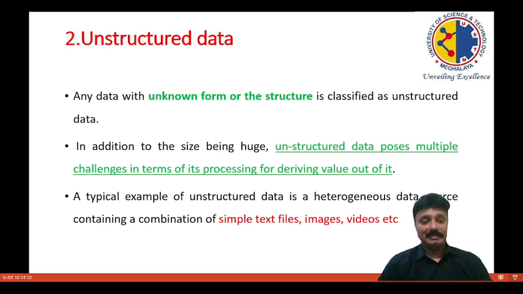A typical example is a heterogeneous data source containing a combination of simple text files, images, videos, etc. With this, we need to identify the classification. Based upon the classification, we can segregate the data. After segregation, we need to analyze, and after analysis, the decision will be taken.